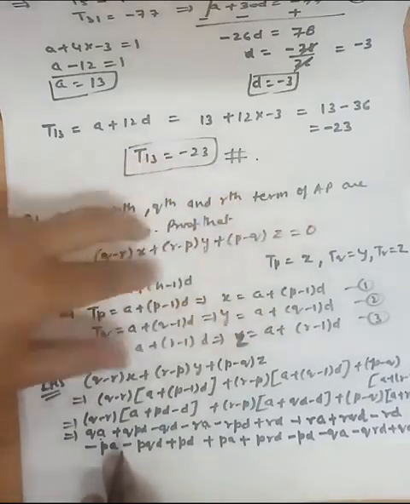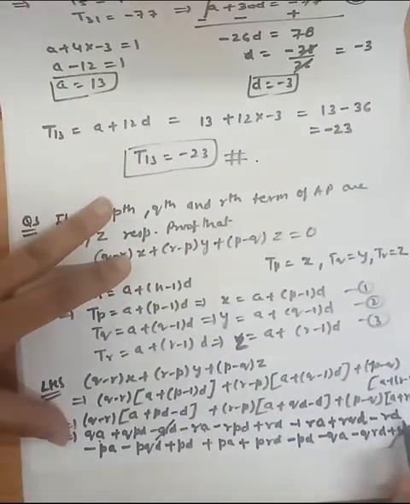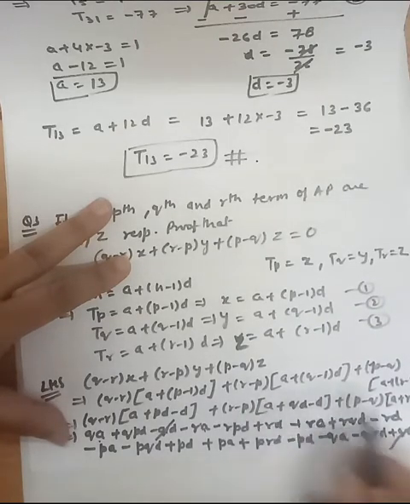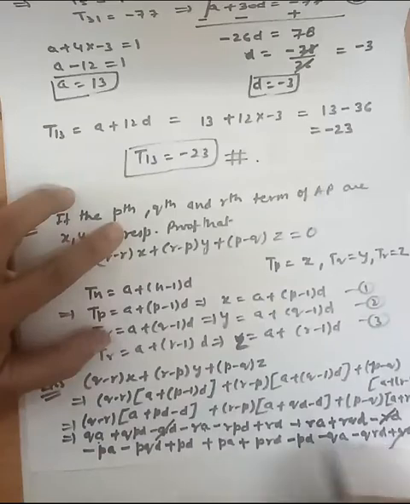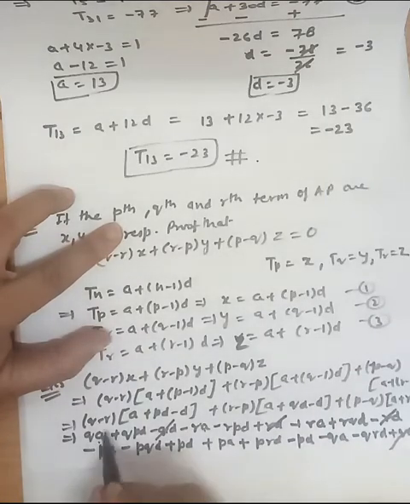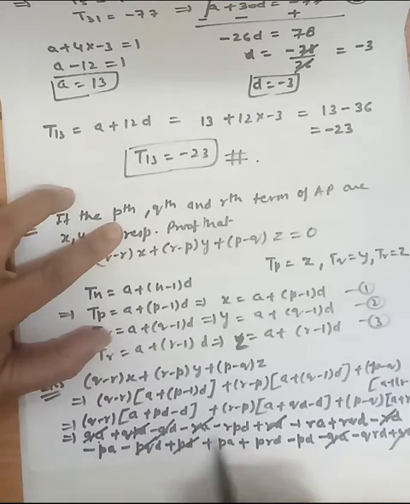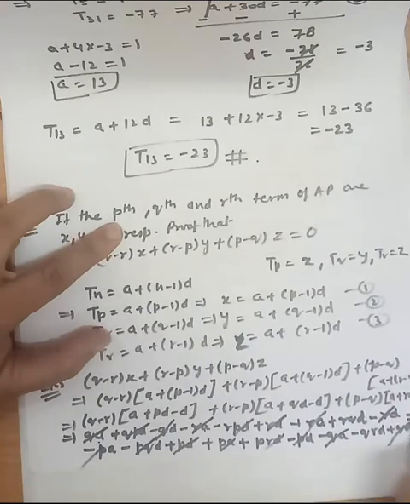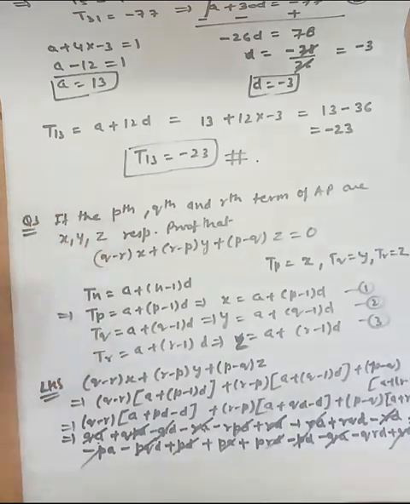Minus qD plus qD minus RD. So this is minus RD, this is plus RD, and plus qA, and this is minus qA. Now you see all terms are cancelled out, and the value becomes 0, the right hand side. Okay, so thank you so much.